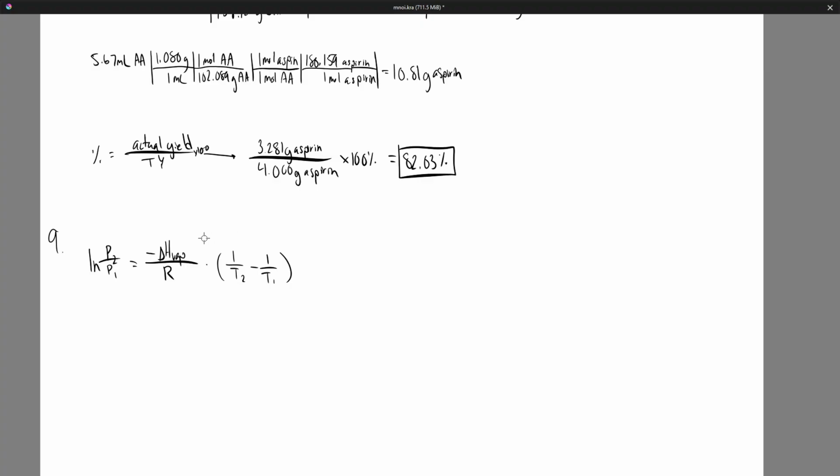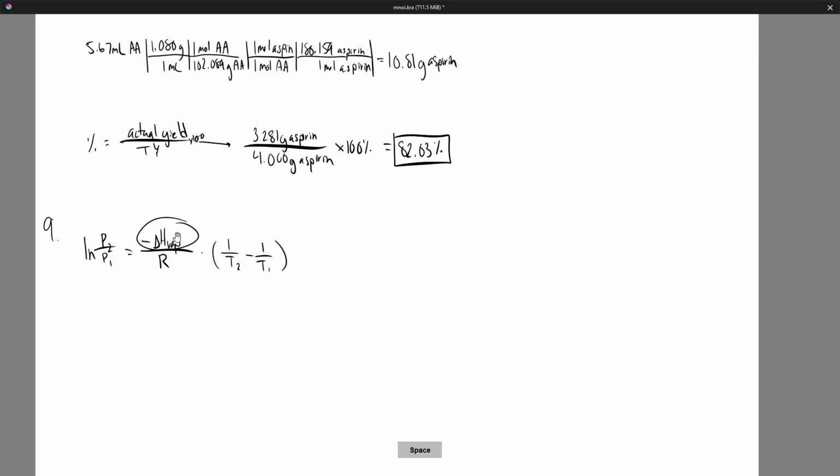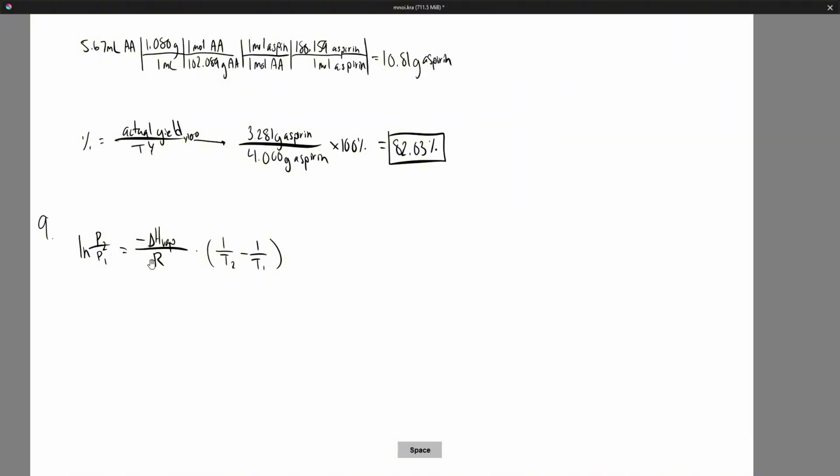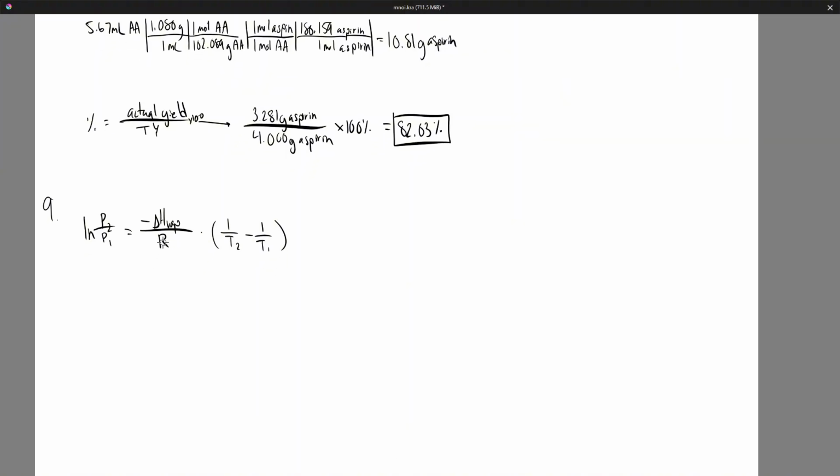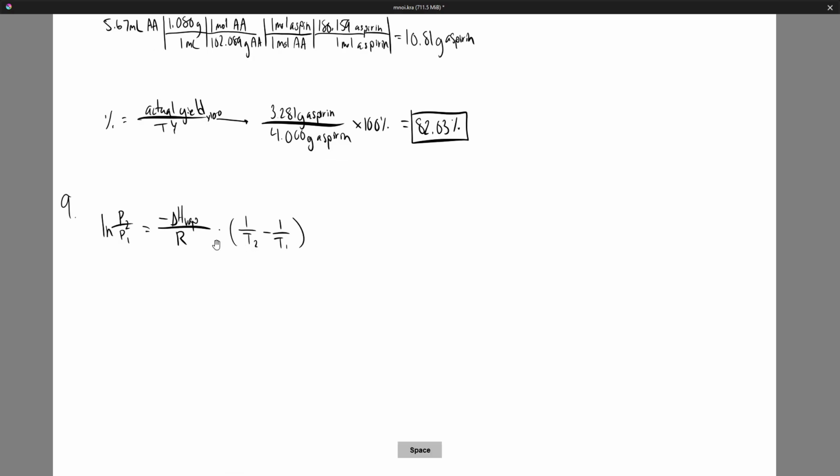Okay, so to solve for the heat of vaporization, we just rearrange this whole equation. So you guys should remember this from your exam. If you're confused on how to rearrange the equation, I'll show you. But first, we want to divide both sides by the inverse change in temperature.